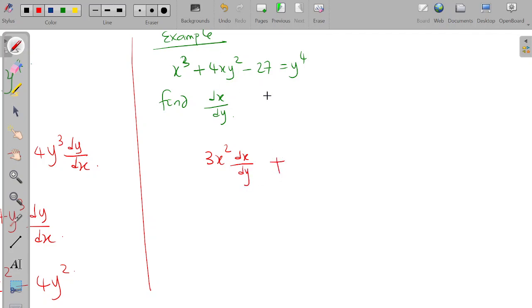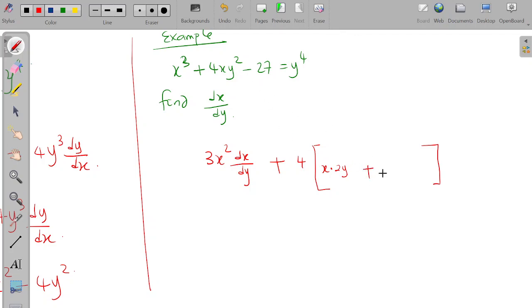Plus, this one again, I pull my 4 out, it's also a product rule. I hold on to x, I derive y, multiply by 2y. I'm not multiplying by dx over dy because I'm deriving y, not x.